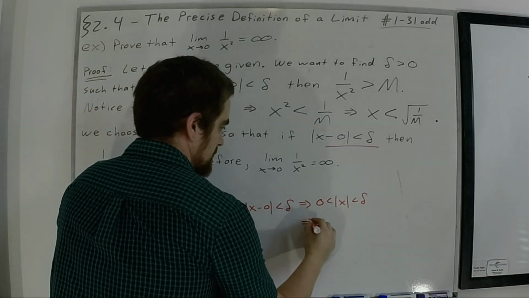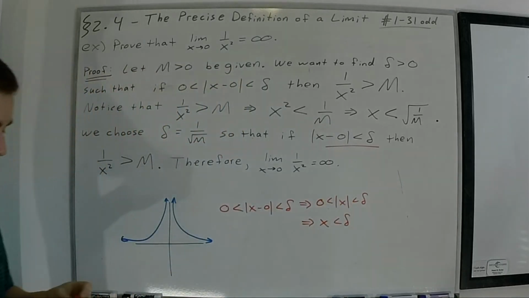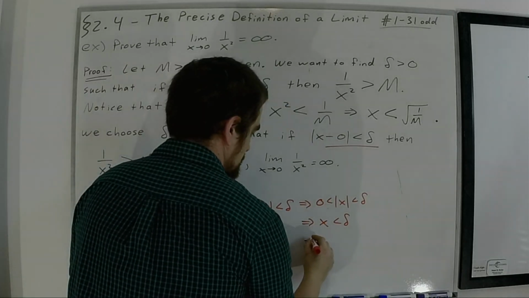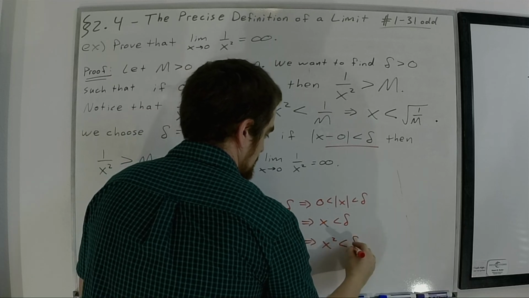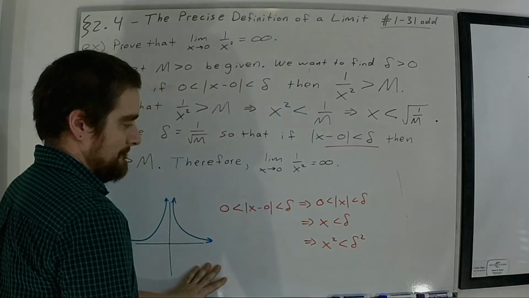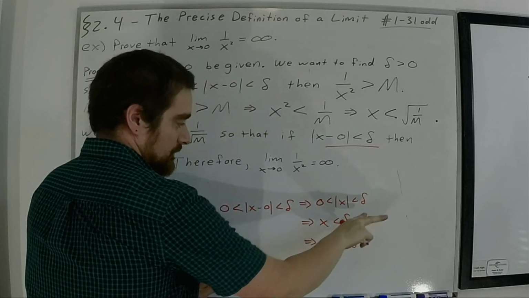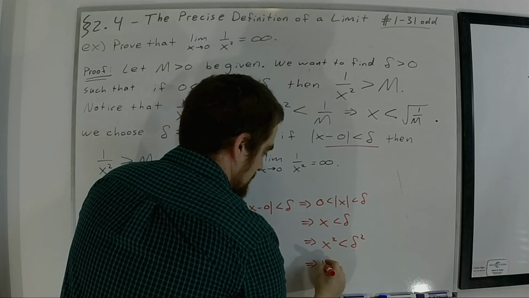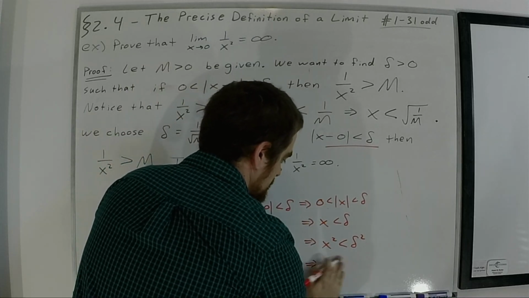So this tells us x less than delta tells us that x squared is less than delta squared. If we take reciprocals, if this thing is a small number and I reciprocate it, it becomes larger than delta squared reciprocated.